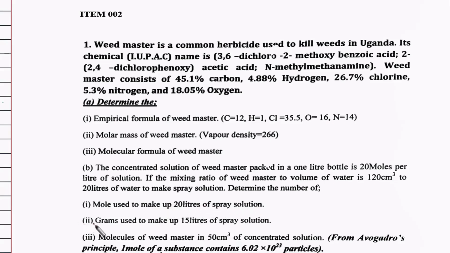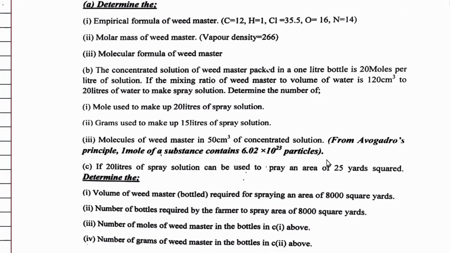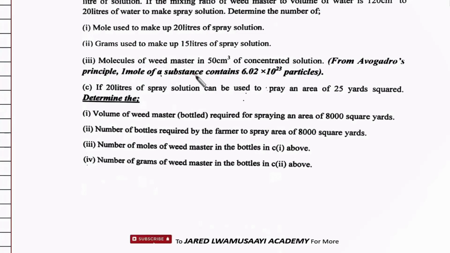Roman number 2 of part B, determine the number of grams used to make up 15 liters of spray solution. Roman number 3, determine the number of molecules of Weedmaster in 50 cubic centimeters of concentrated solution. In brackets, from Avogadro's principle, 1 mole of a substance contains 6.02 × 10^23 particles.